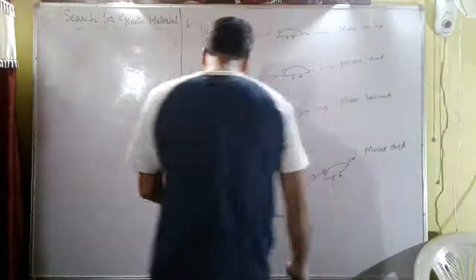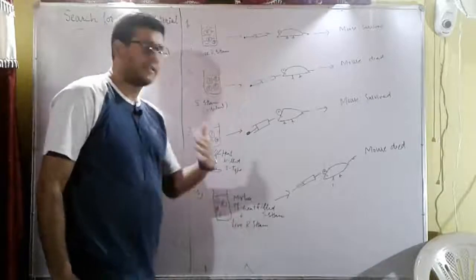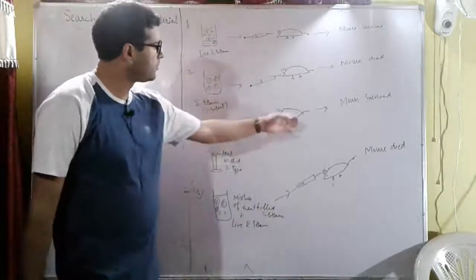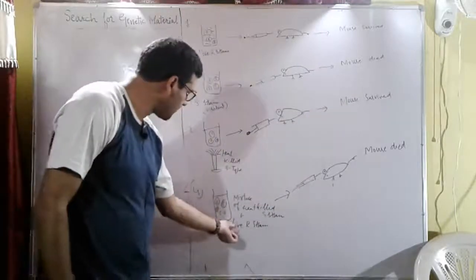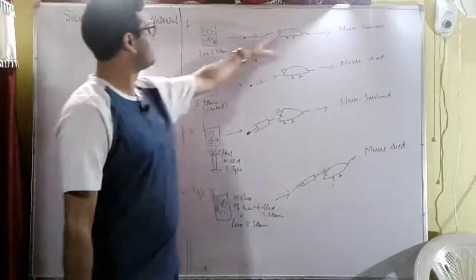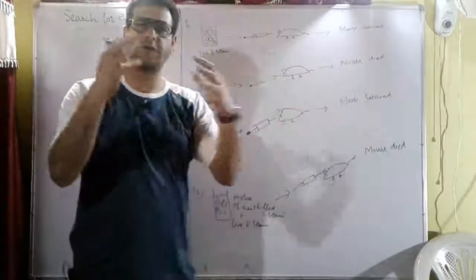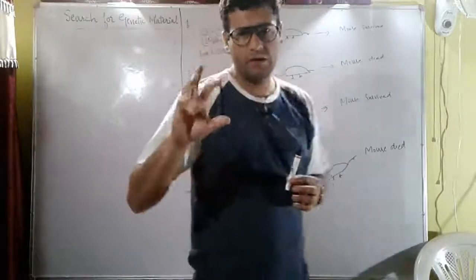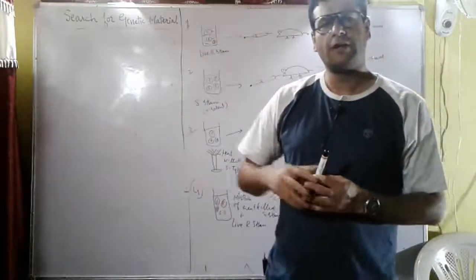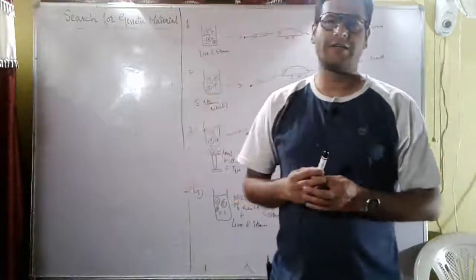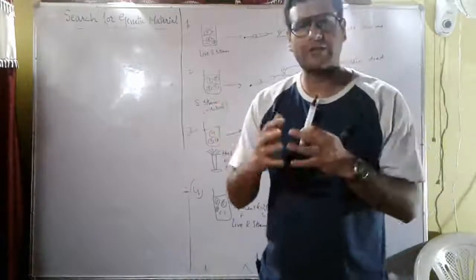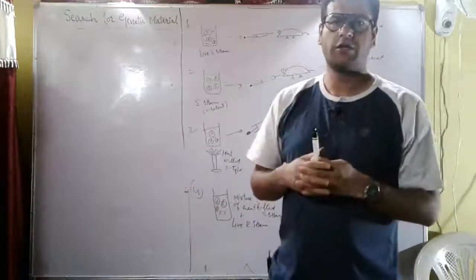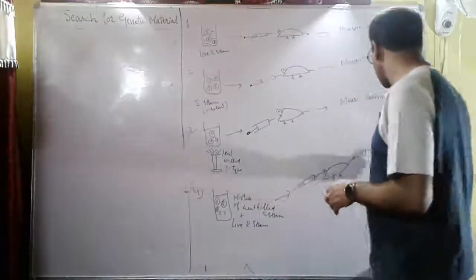See, when the heat killed S strain was injected separately into the mouse, it survived. When the live R strain was injected separately, the mouse survived. But when he mixed the live R type of bacterium and the heat killed S strain of bacterium and inoculated the mixture into the mouse, the mouse died.